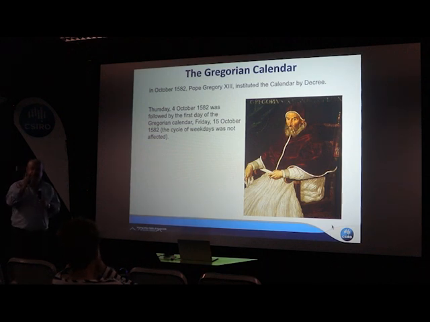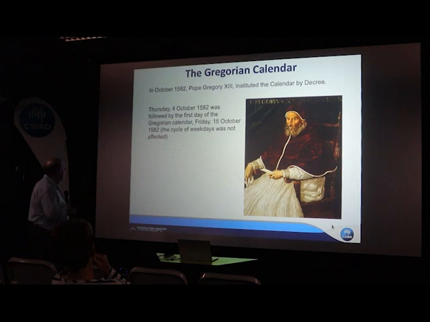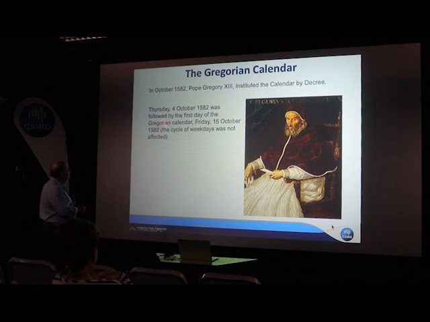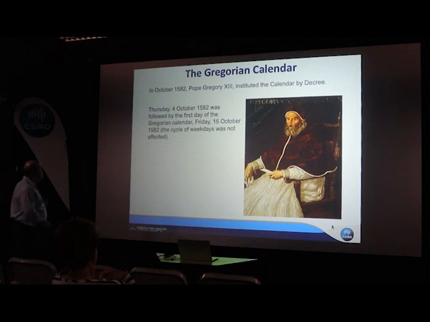But they made sure, they weren't stupid, that the day of the week just followed correctly. The reason was, if they went from Thursday to, let's say, what would it have been? Thursday would have been maybe Sunday or Monday the following week, 10 days later, then people would have missed Mass on the Sunday, put their souls in peril.